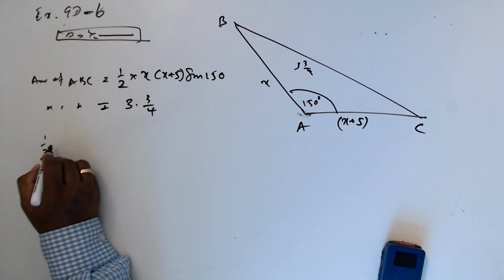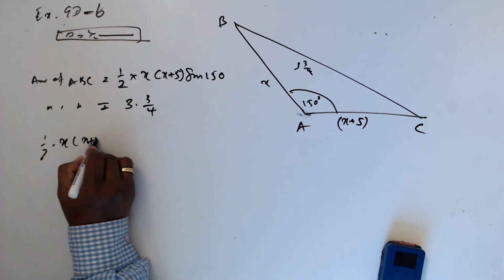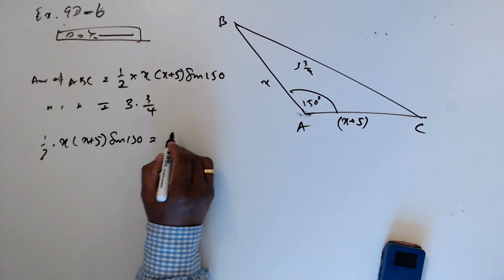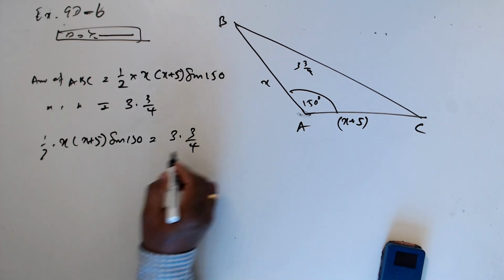So half x (x plus 5) sine 150 equals 3 over 4.